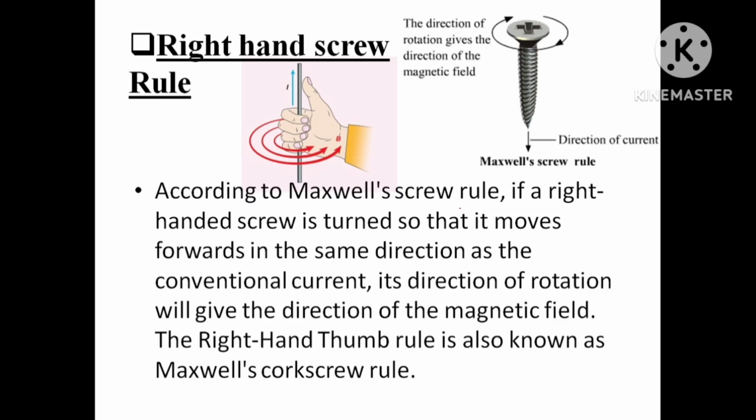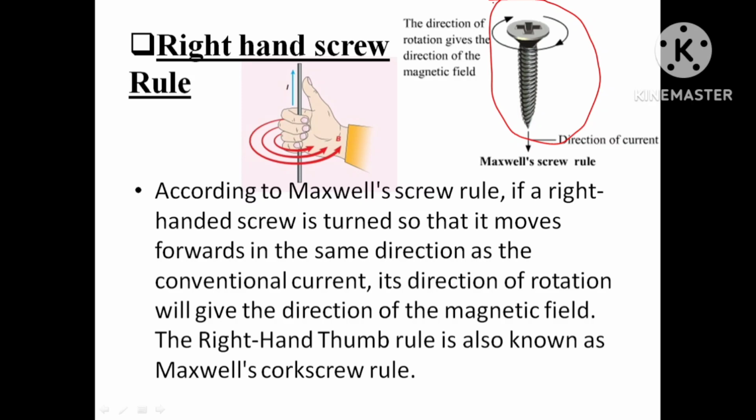What is the right hand screw rule? It is also often called the right hand thumb rule, whatever you want to call it. How does it work? This is a screw, and you have often used this type of screw to fix something.